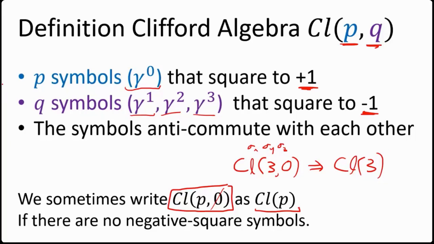You can build complex numbers from the real ones, and quaternions from complex ones, and going higher and higher, the procedure is called the Cayley-Dickson procedure, I think, or algorithm, I don't know the right way to say it.